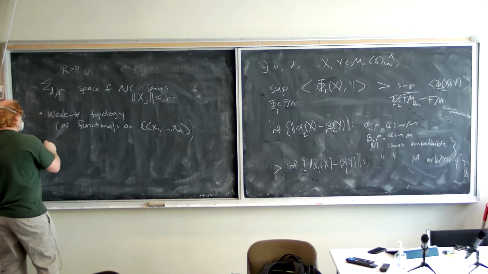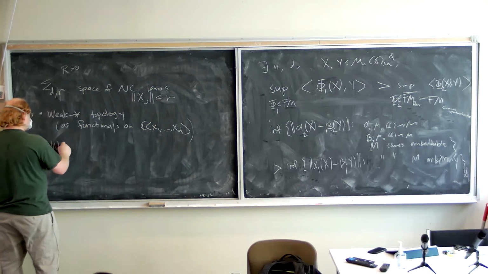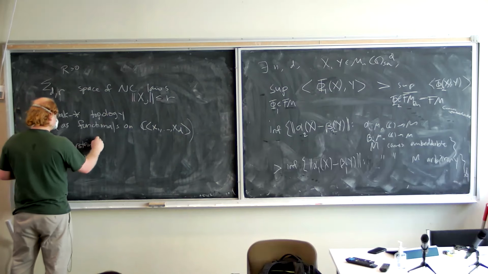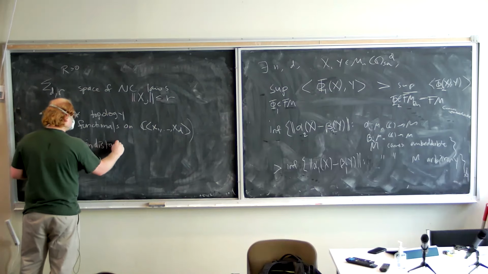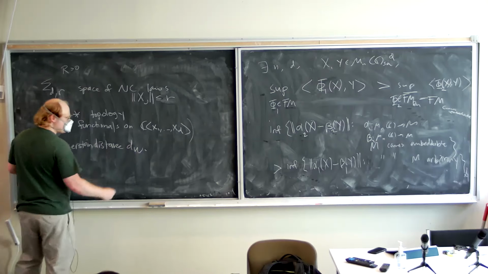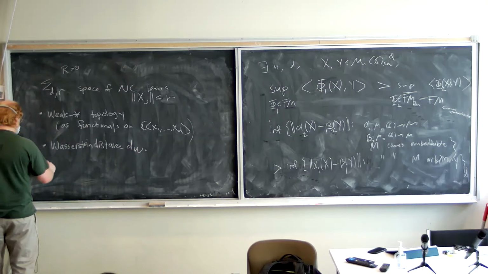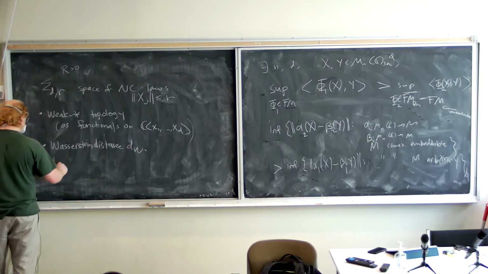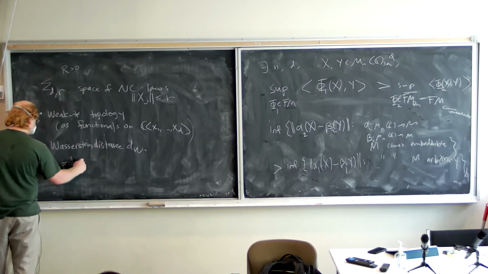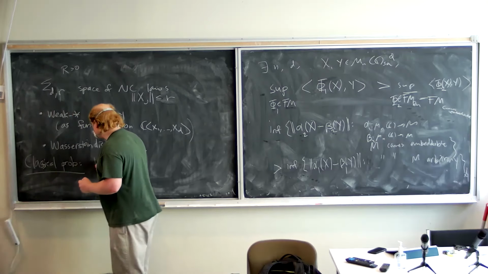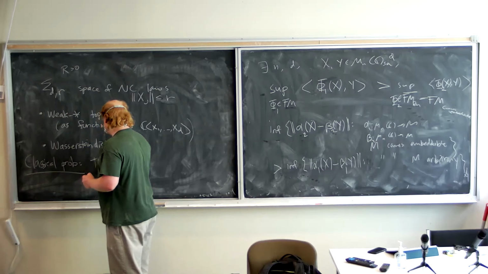But then there's also this Wasserstein distance, which gives you a metric. Now in classical probability, these two give you the same topology.